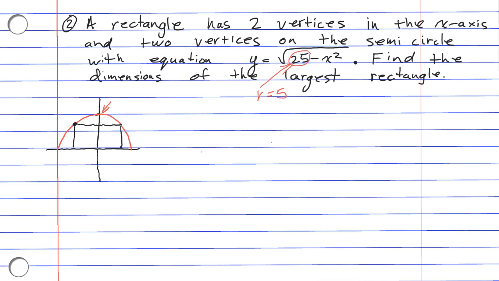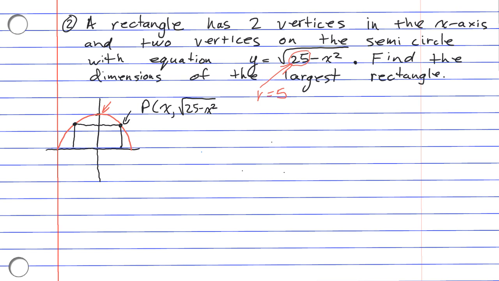Now, in order to find any point on this circle, you're going to have the point x, and because this corner is on the circle, the other coordinate is going to be the square root of 25 minus x squared. Okay? So it says find the dimensions of the largest rectangle.